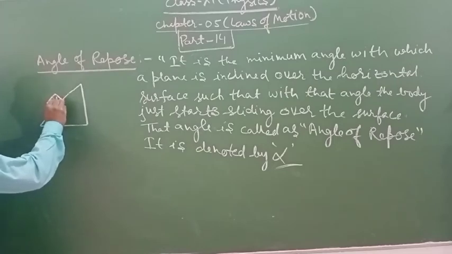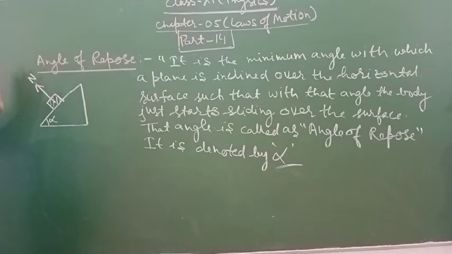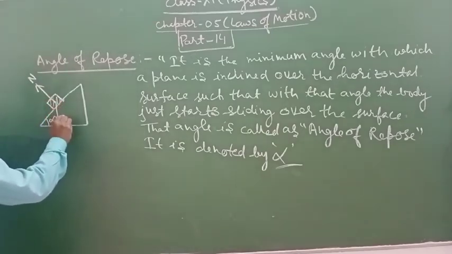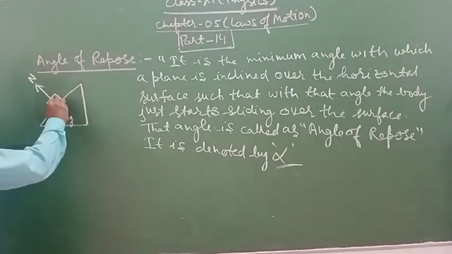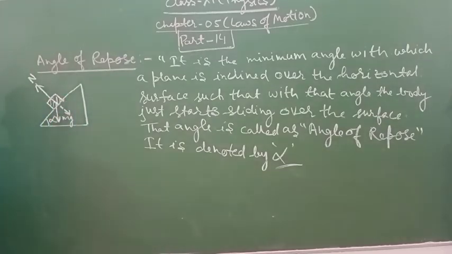Clearly, here is the normal reaction in this direction, and the weight of the block, mg, acts on it. Now break this weight mg into two components.